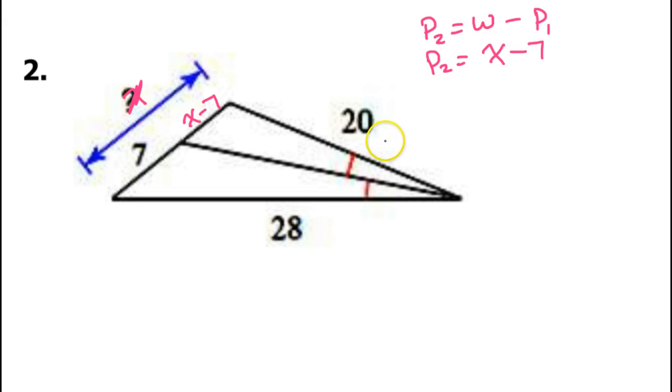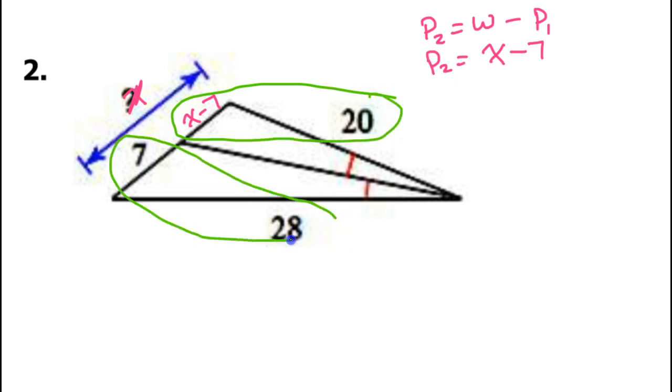So I'm just going to make a fraction out of these two, and I'll make a fraction out of these two. Okay, and notice the two fractions are basically separated by the angle bisector itself.